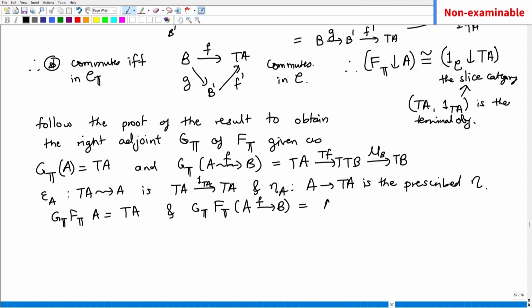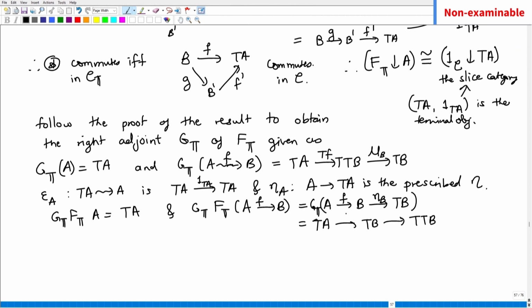We took A to B, F followed by eta B. This was the actual morphism which went to TB, and now we are supposed to take its G_T. So this is the wiggly morphism from A to B. So its G_T is going to be TA to TB to TTB.